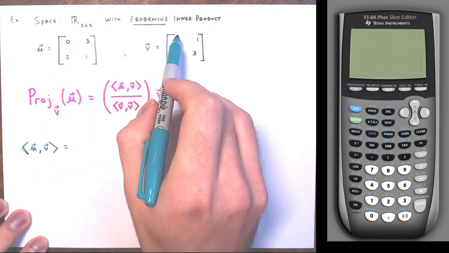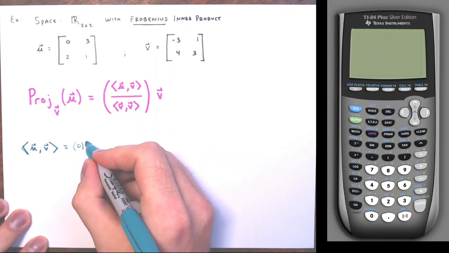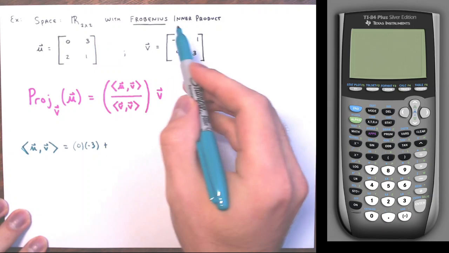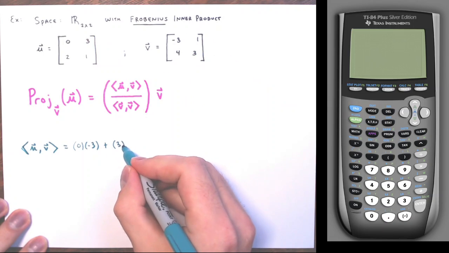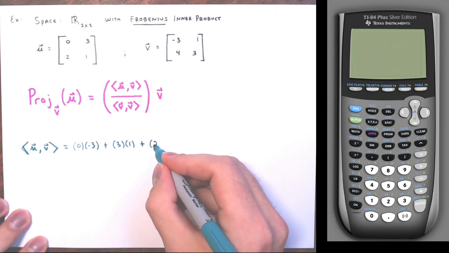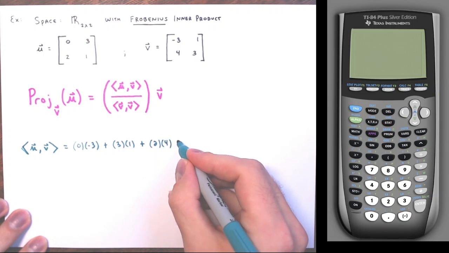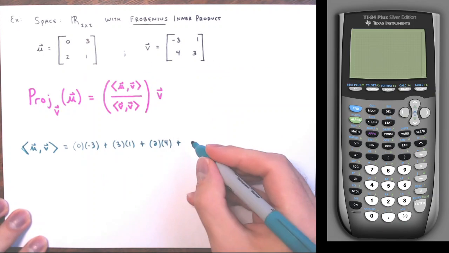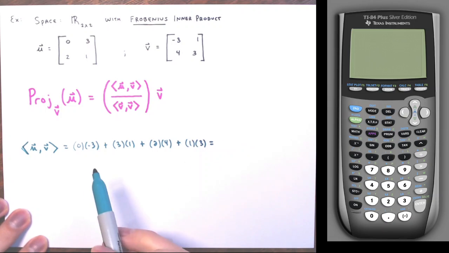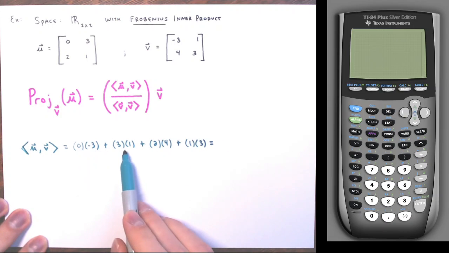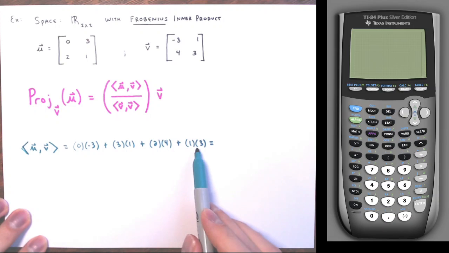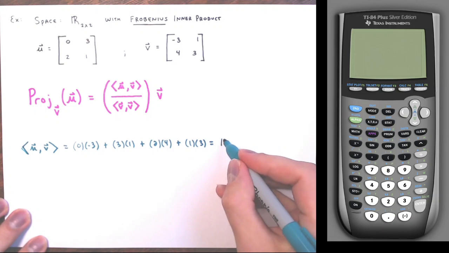So 0 times negative 3, the product of the first row, first column entries, plus 3 times 1, the product of the first row, second column entries, plus 2 times 4, the product of the second row, first column entries, and then plus 1 times 3, the product of the second row, second column entries. All right, so we have here 0 plus 3 plus 8 would be 11, plus another 3 would be 14.